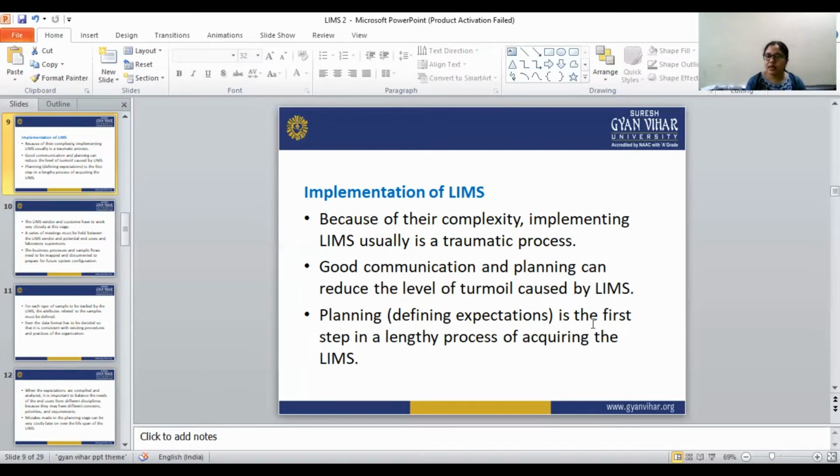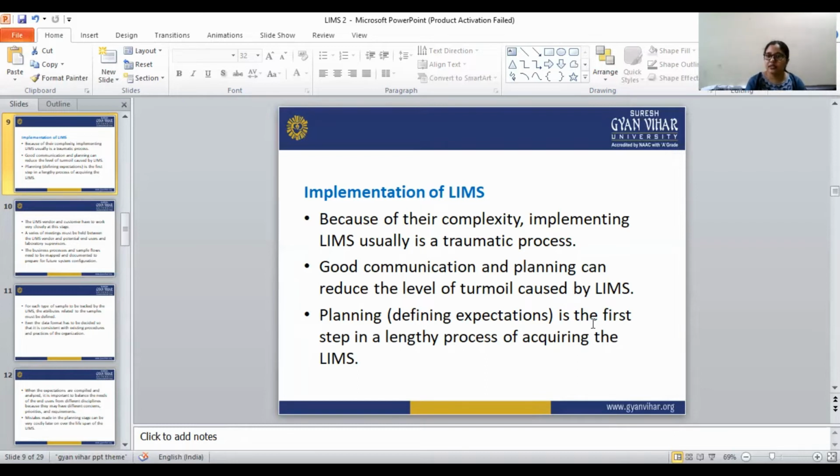Planning is the first step in the lengthy process of acquiring the LIMS. Planning by the vendor as well as the customer is a must step in that lengthy process.